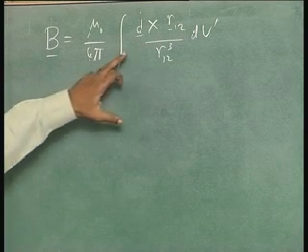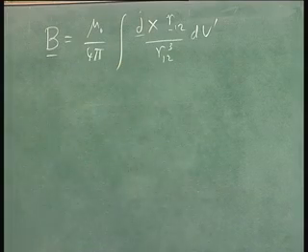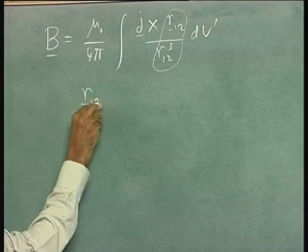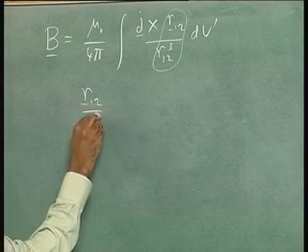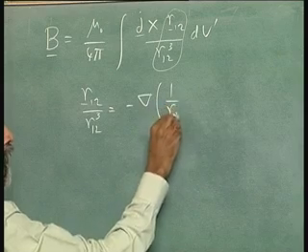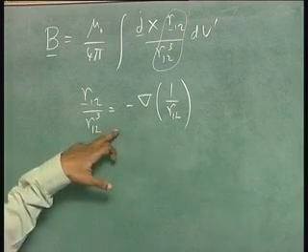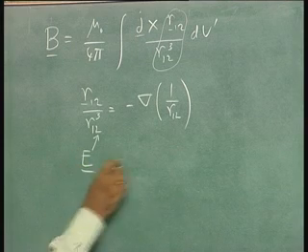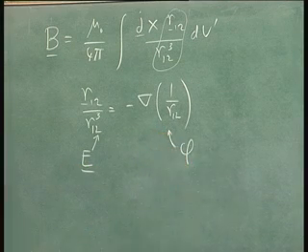We took this expression and we identified that this piece, r12 over r12 cubed, is nothing but minus of the gradient of 1 over r12. This came from electrostatics, because this was found in electric field, this was found in potential.